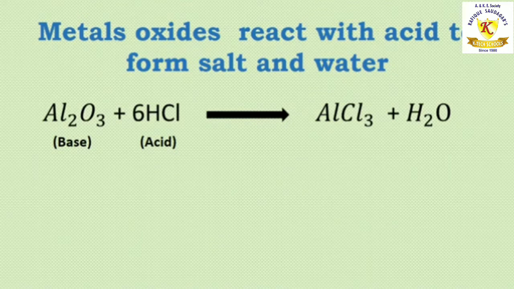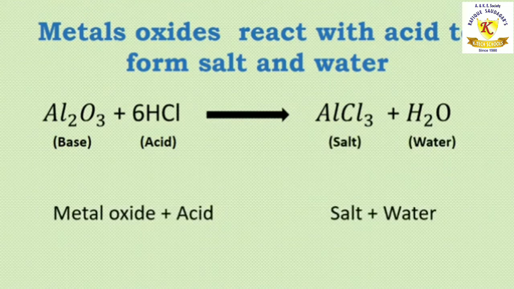When it combines together, it forms AlCl3, which is a salt, plus H2O, that is water. Metal oxides plus acid gives salt plus water. Is it easy to understand? Yes, children.